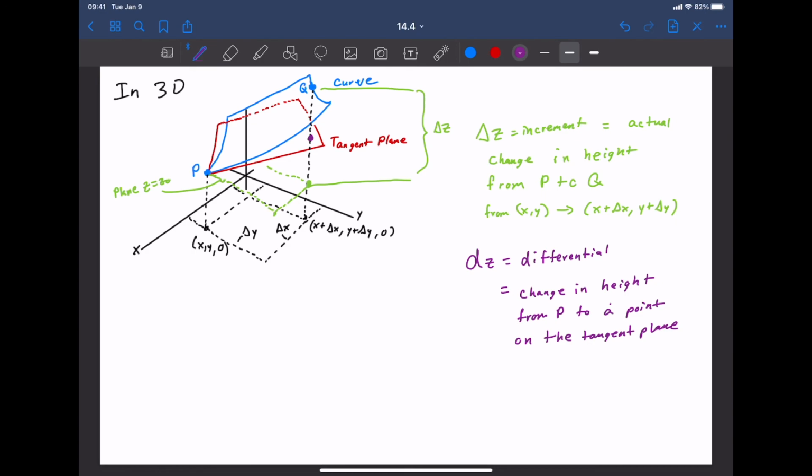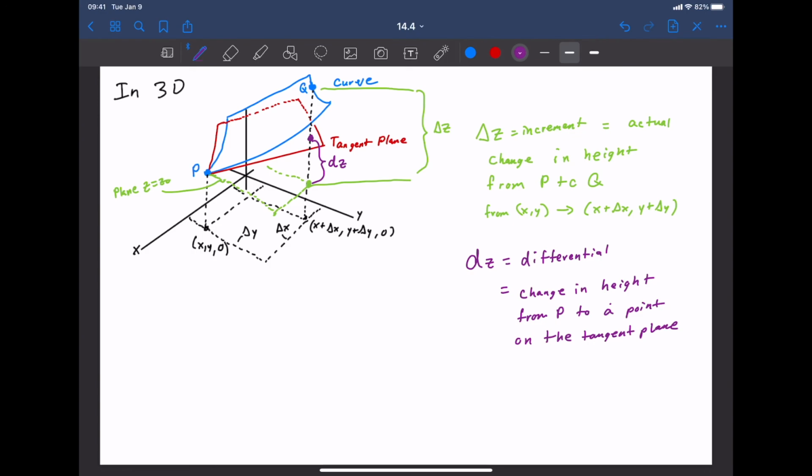So here's maybe where it looks like it intersects with the tangent plane. Maybe purple was the wrong choice here, but that's what dz is. And as we get closer and closer, if you can visualize my drawing correctly, dz is going to approach delta z, the increment.